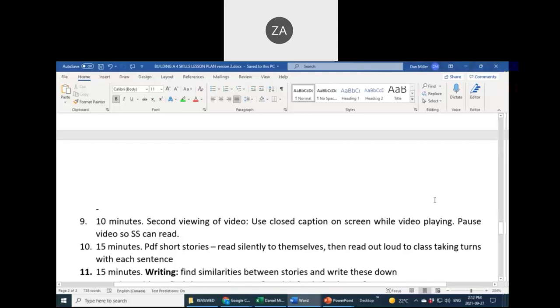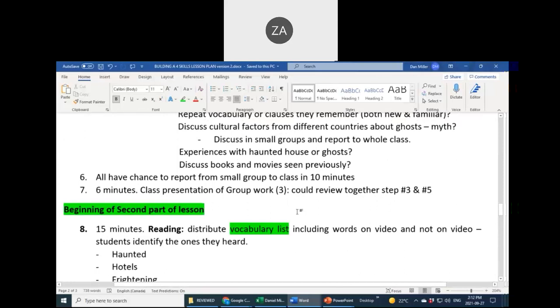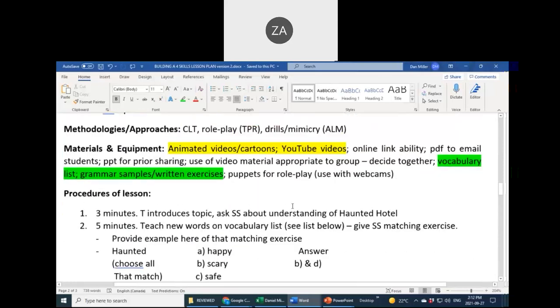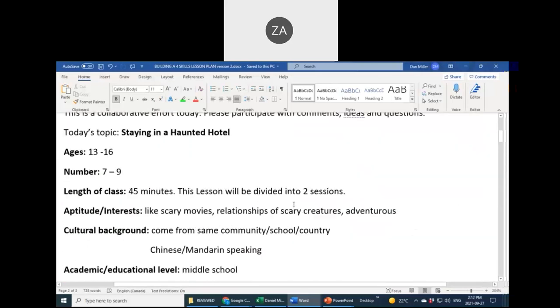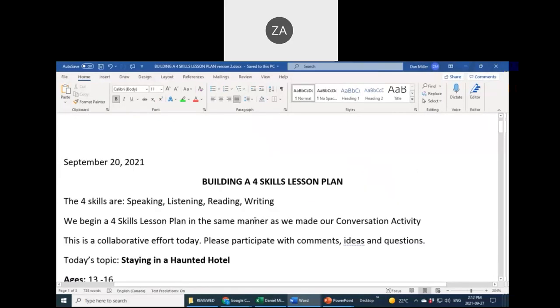Well, I understand what you're saying, Zara, but if you do the conversation activities, and of course those are focusing just on speaking and listening, if you do the conversation activity and follow through all the details of all the headings that we've gone over, because the conversation activities include all these same headings, right?